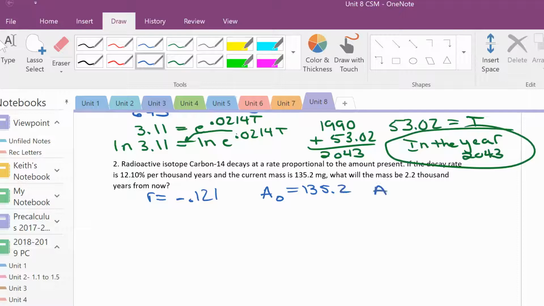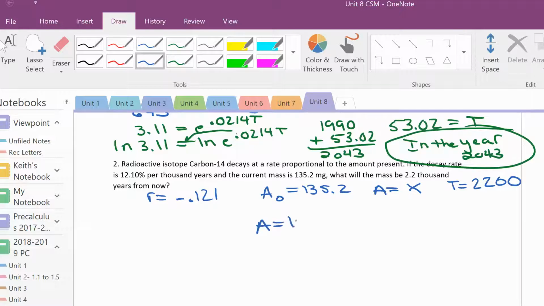It wants to know what the ending amount will be 2.2 thousand years from now. So basically 2,200 years.